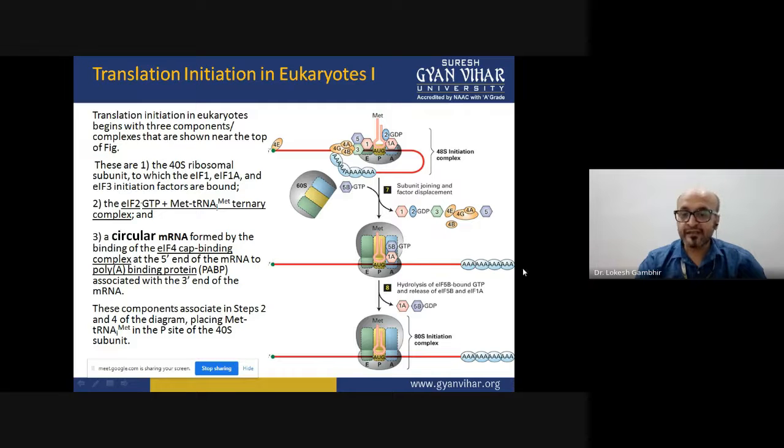It's actually a linear strand. Why? Because 4G, which was responsible for forming the loop, is now dissociated. Once 4G and 4A are dissociated, there is no point in forming the loop. Now it's a completely linear mRNA. That's why I said that there is a transient state of the loop.